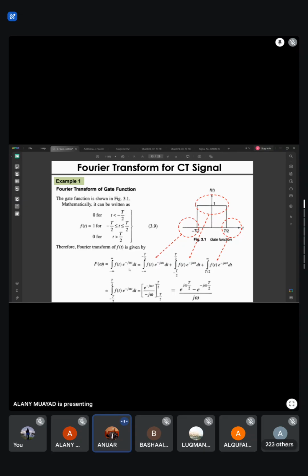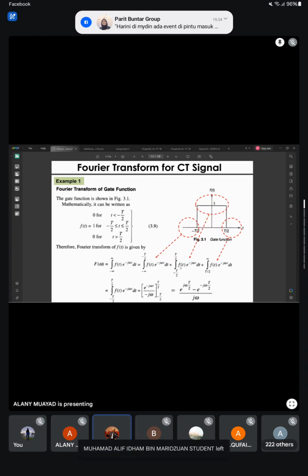So only the part from minus T over 2 to T over 2. The function f(t) is equal to 1, so you put it in the derivation times e to the power of minus j omega t dt.